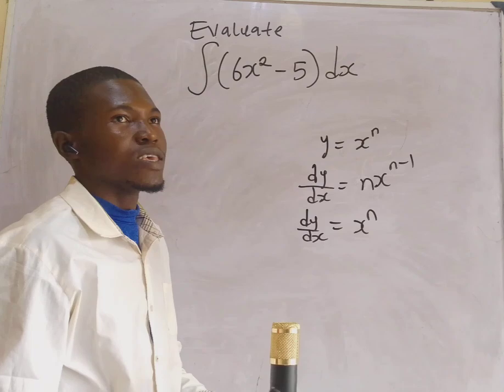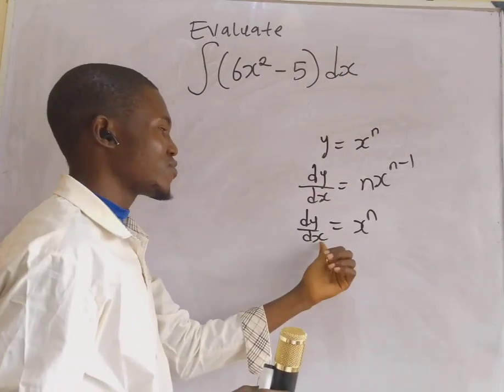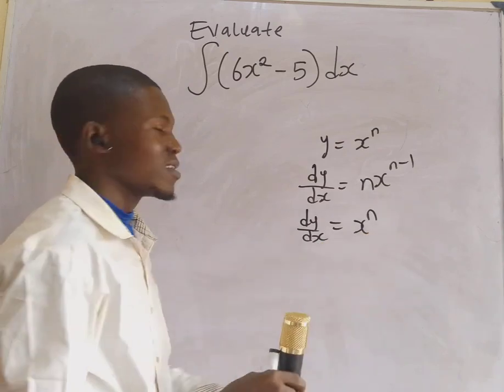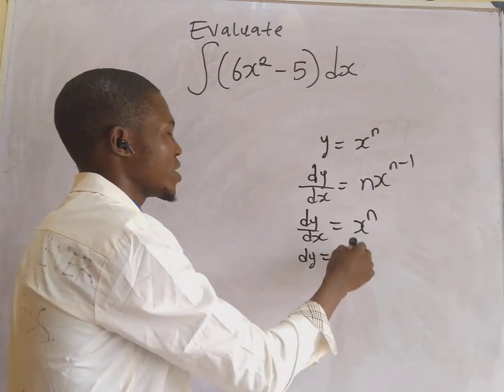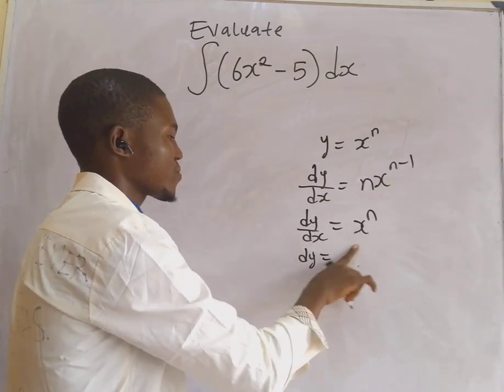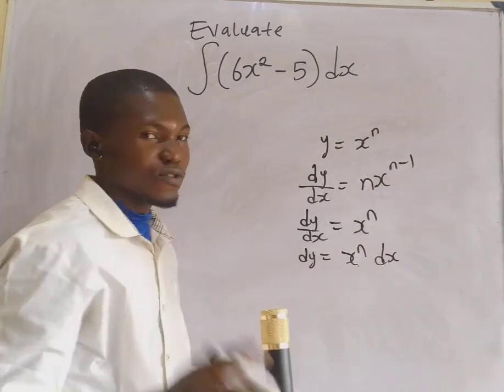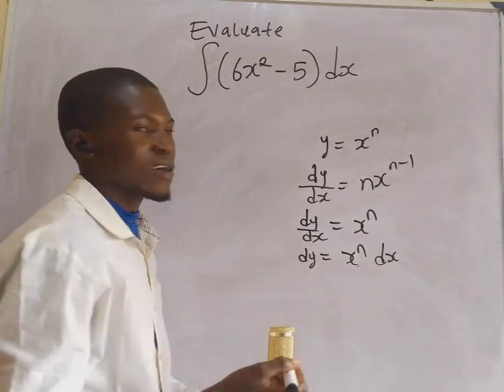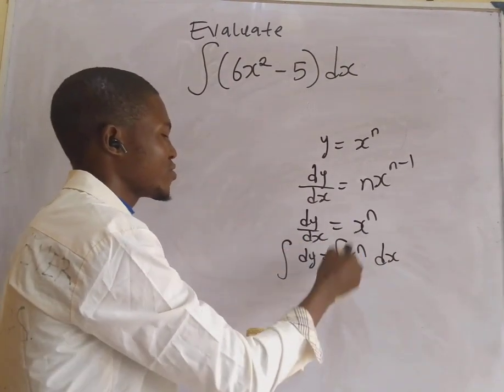Usually whenever you see an integral question, at the end you see dx. So the dx will come here, and once you do that, we have dy is equal to x to the power of n dx. In this case, we can now apply integral signs. You can put your integral symbols on each of them.